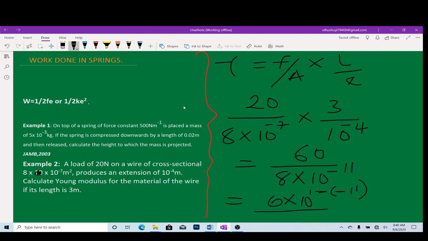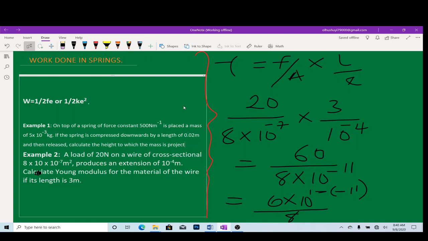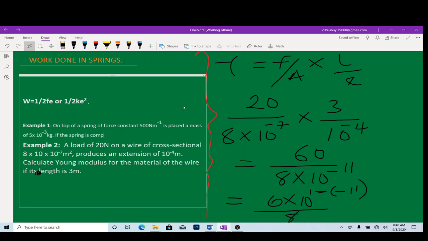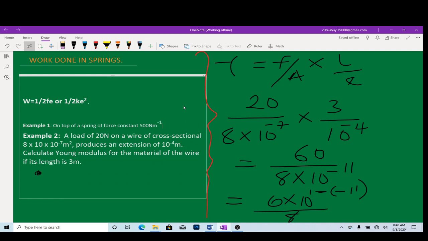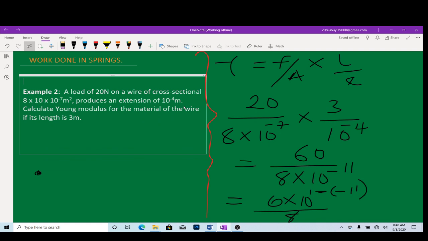Then everything over 8. So if you have that, what is our final answer now? So you have 6 times 10 raised to the power of that.